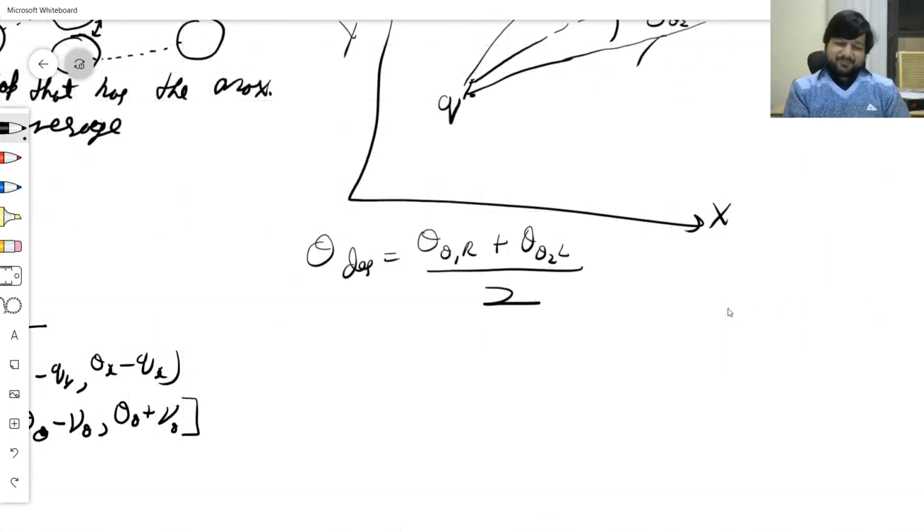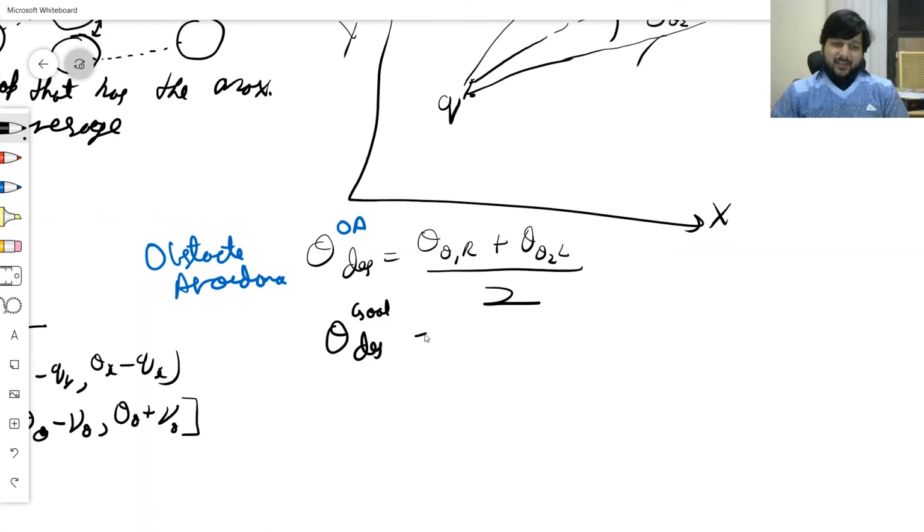So how do I get goal-seeking behavior? So I say that this is the obstacle avoidance behavior. And similarly, I have goal-seeking behavior where I just go to the angle to goal.